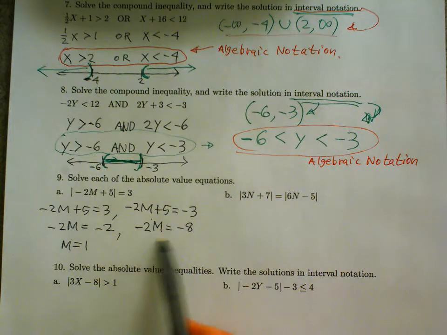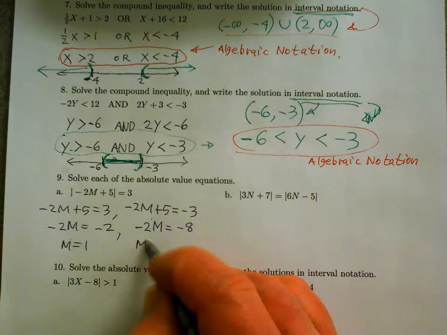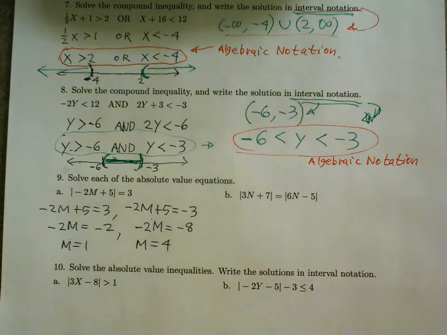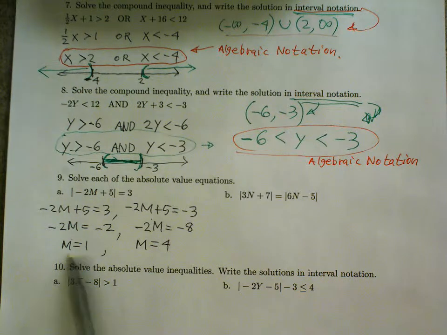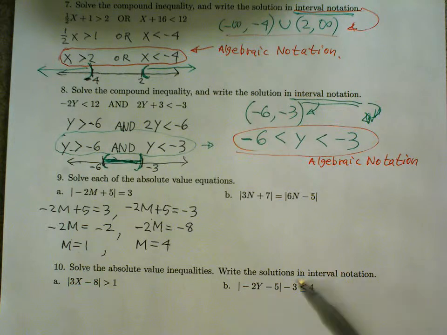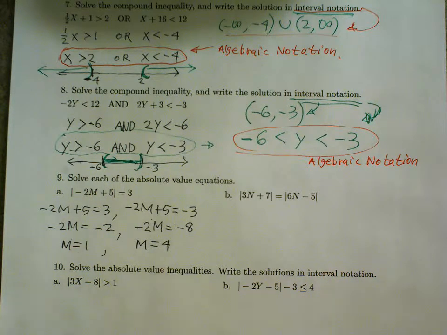Then divide both sides by negative 2, and we get m equals 4. The two solutions are m equals 1 and m equals 4. So the directions don't say to use set bracket notation. So we'll just say m equals 1, m equals 4.